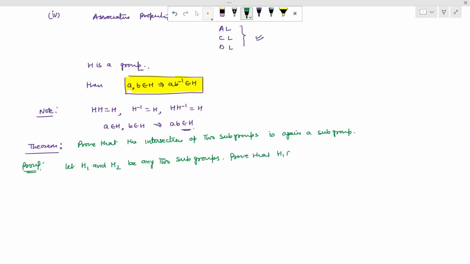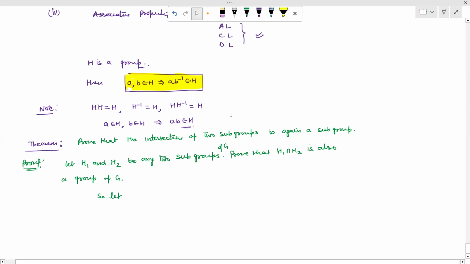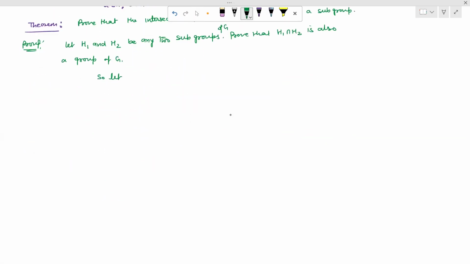Prove that H1 intersection H2 is also a subgroup of G. So let A and B belong to H1 intersection H2.